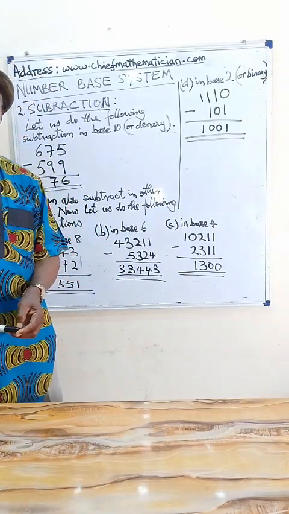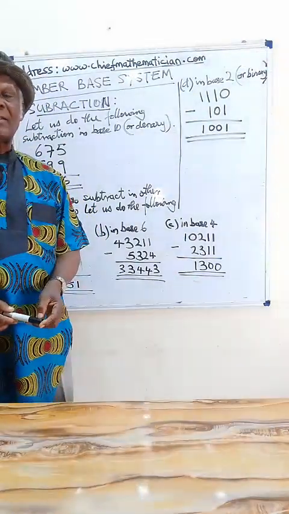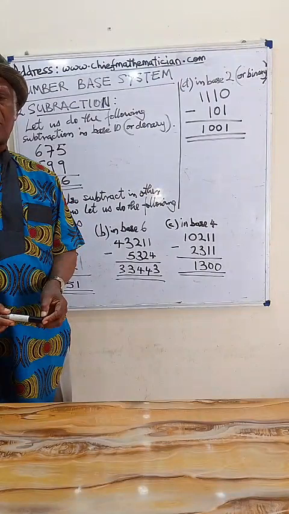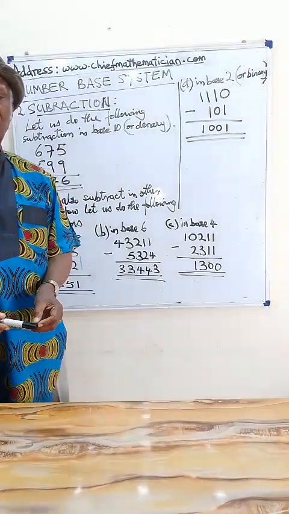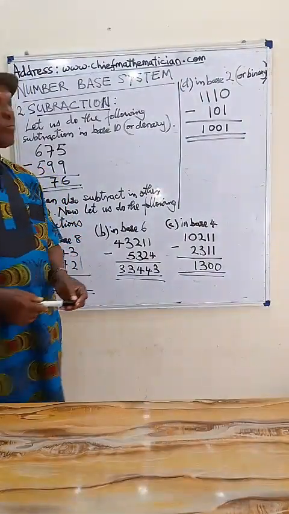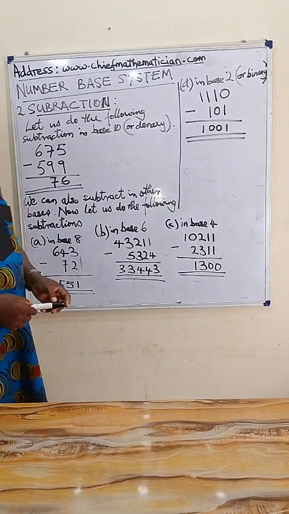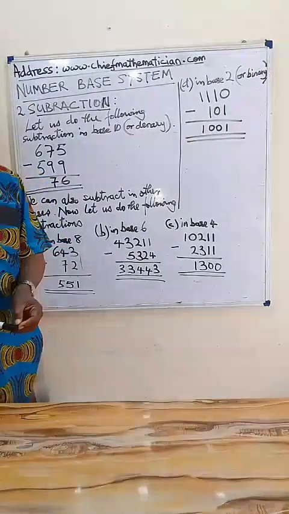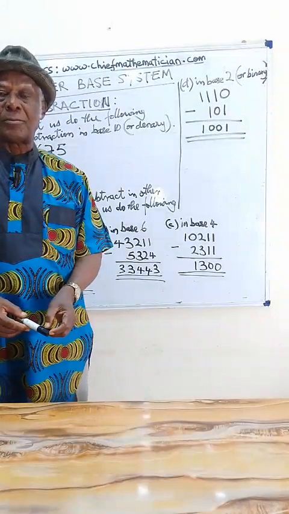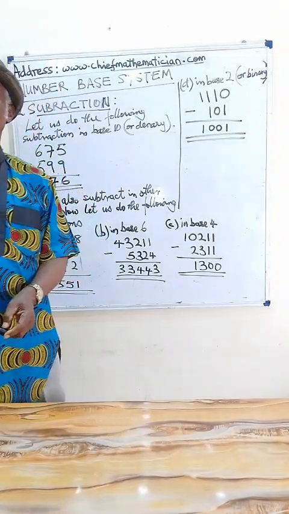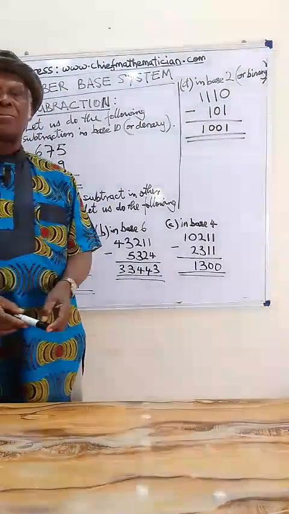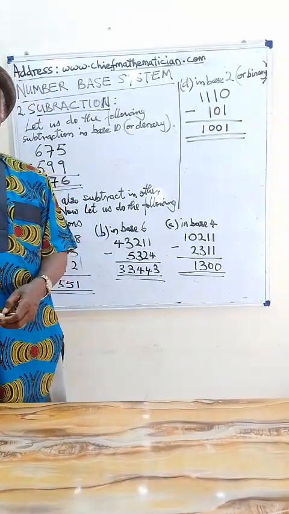And today, we shall be treating some other aspects of number-based systems. In our last lesson, we treated addition as one of the arithmetic operations. Today, we shall be treating subtraction.